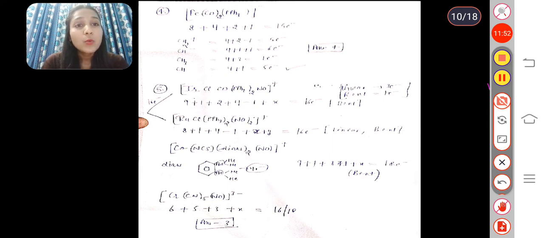Now the second compound is RuCl(PPh3)2(NO)2 negative. For Ru the valence electron count is 8, for Cl it is 1, for PPh3 it is 2 for each PPh3. Now we have a negative charge, so minus 1 plus X plus Y, because we have 2 NO here.